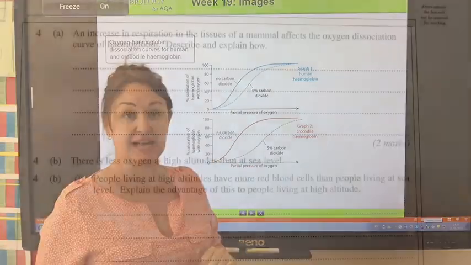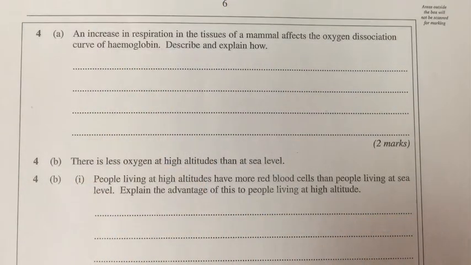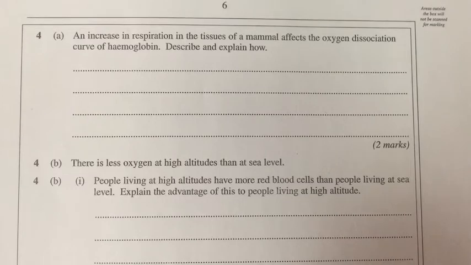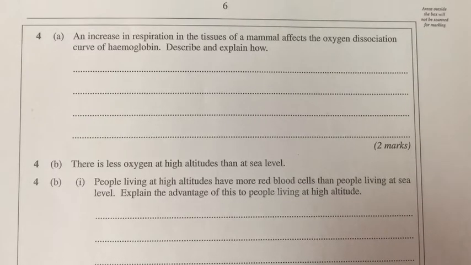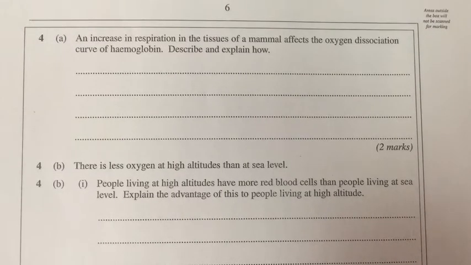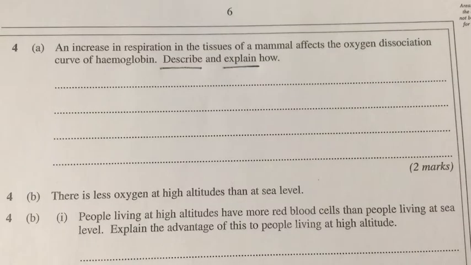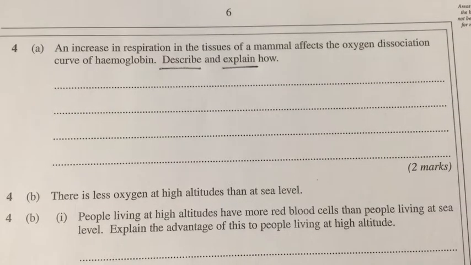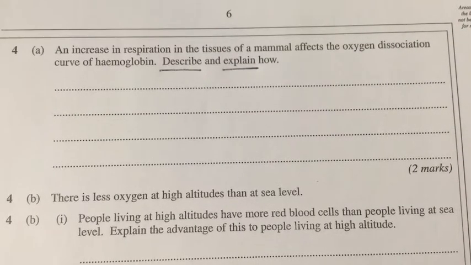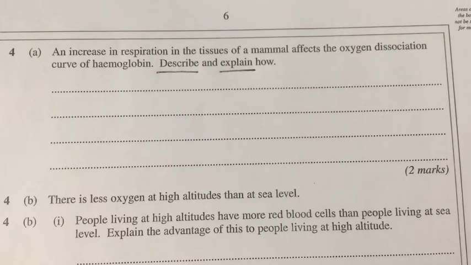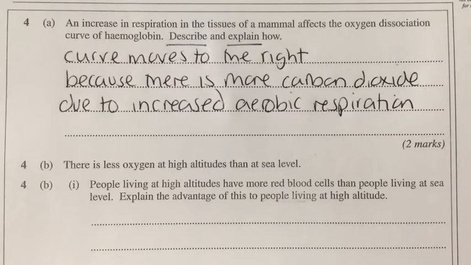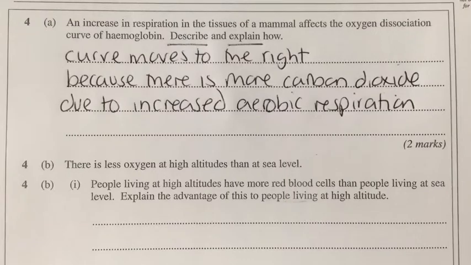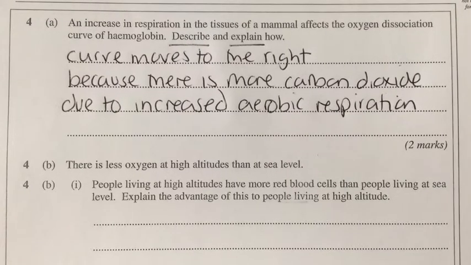Okay, let's have a look at this exam question from January 2010. It's from the old legacy material, but it still stands. Question 4. An increase in respiration in the tissues of a mammal affects the oxygen dissociation curve of haemoglobin. Describe and explain how. So there's 2 marks, so we're going to get 1 mark for describing and 1 mark for explaining.